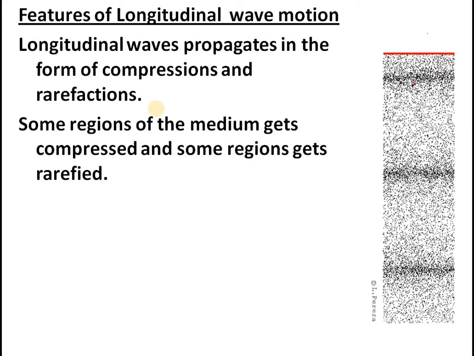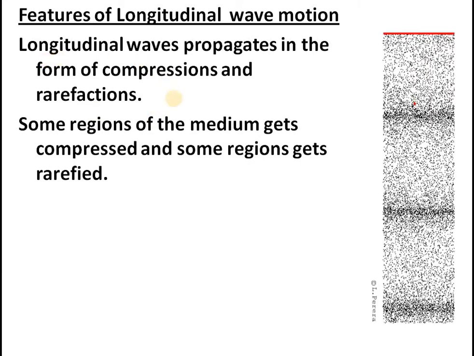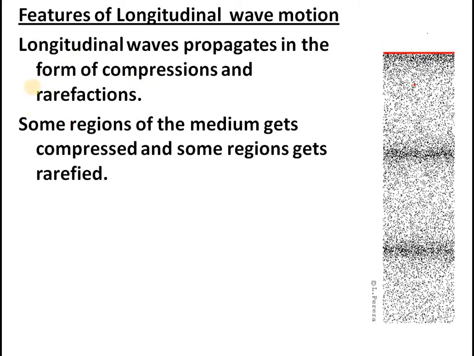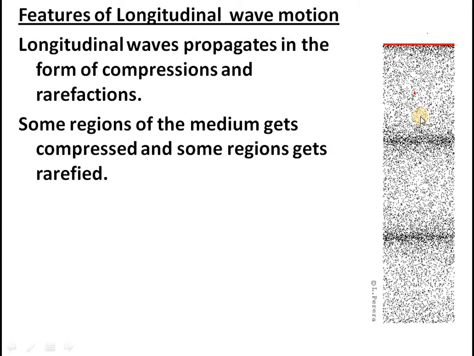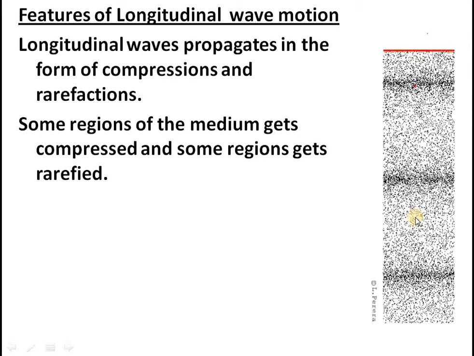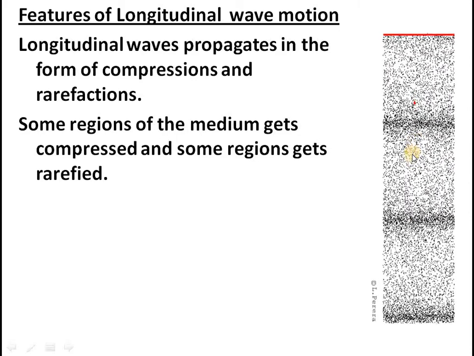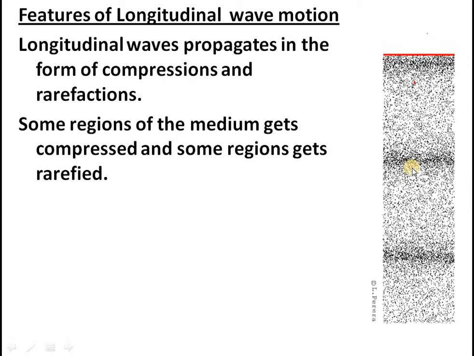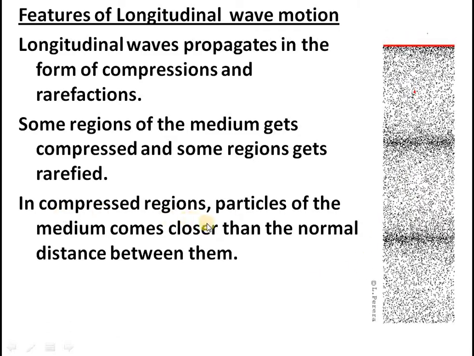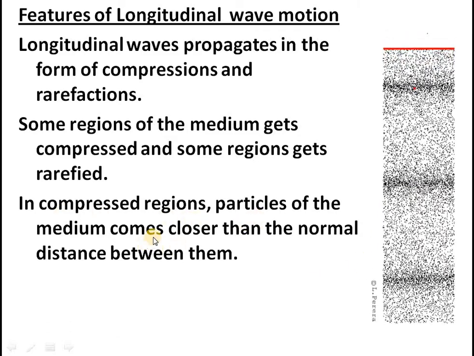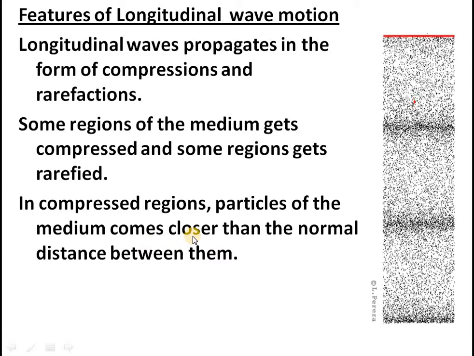So in some regions, what happens? The medium gets compressed. Dark regions are compressed regions, and the less dark regions are actually regions of rarefaction. In a compressed region, particles of the medium come closer than normal.